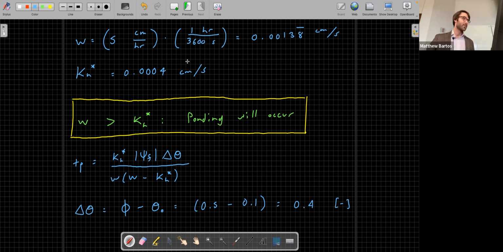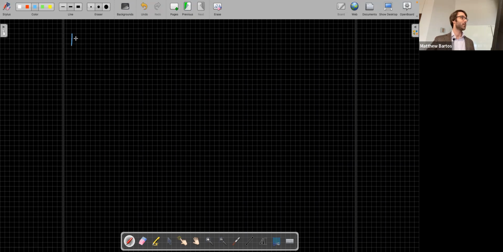Okay, and the final thing we have to do is compute the matrix potential. So from our expression before, we have psi f is equal to 2b plus 3 over 2b plus 6 times the air entry pressure.